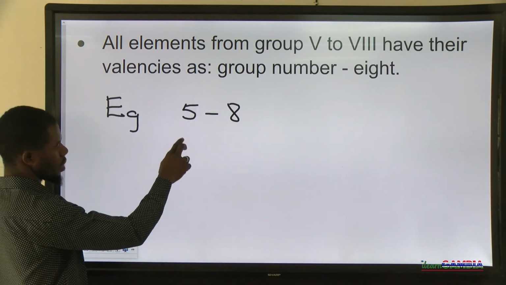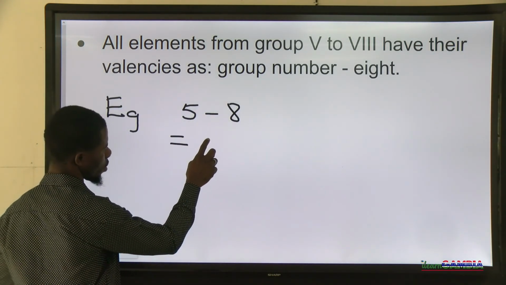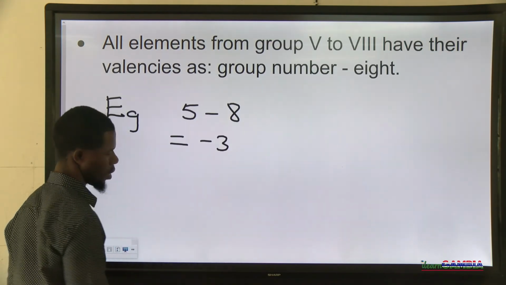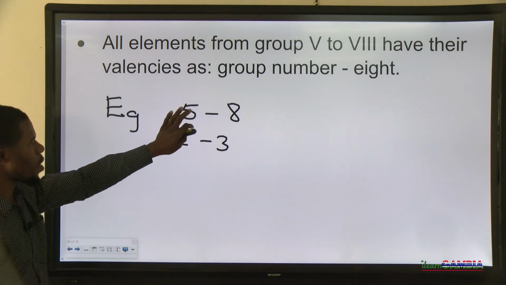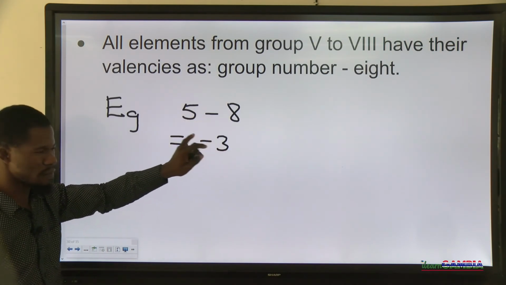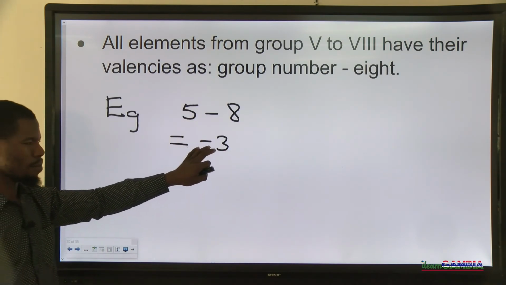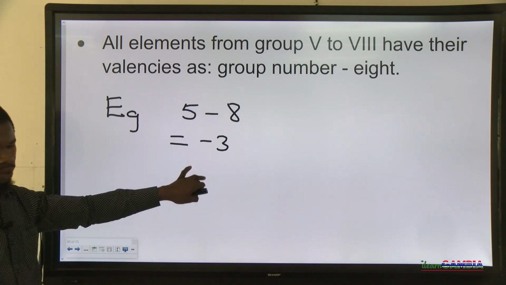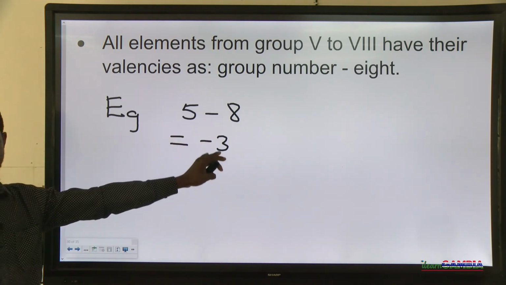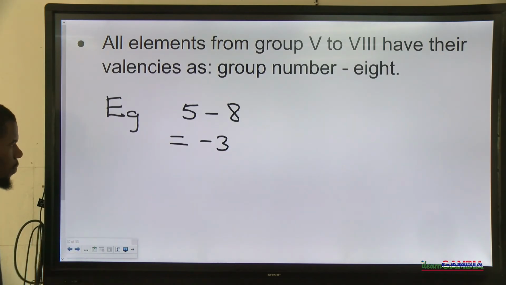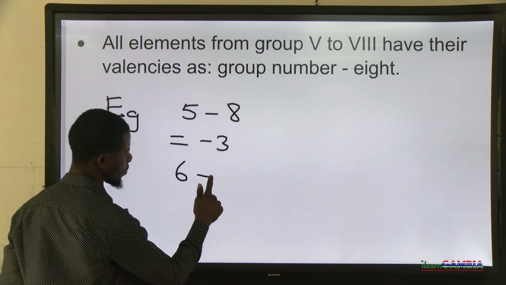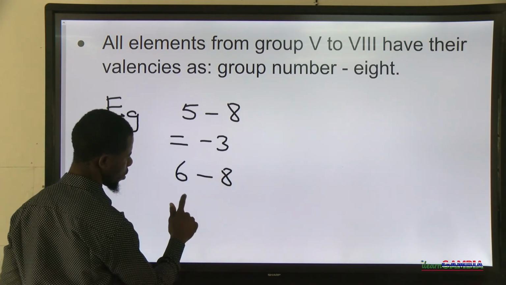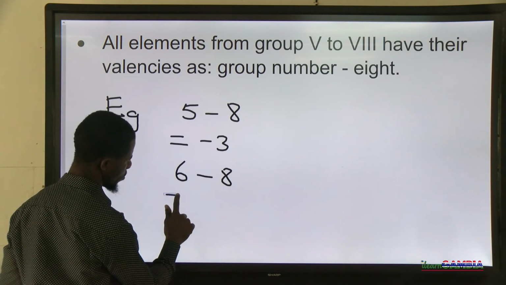So 5 minus 8 here is going to be minus 3. So the valency or the combining power of all the elements in group 5 is minus 3. That is how we find the valencies of elements in group 5. Those in group 6 will be 6 minus 8. That is going to give us minus 2.